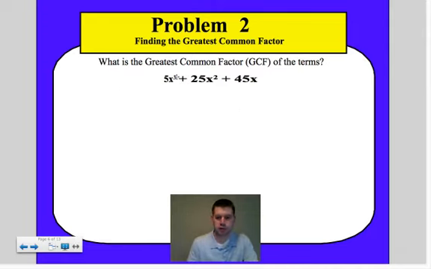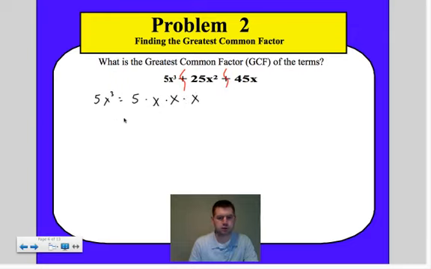What we're going to do is look at each term. Again, we separate those terms by the addition or subtraction. The easiest way to do this would probably be to label these out. So 5x cubed, I'm going to label as 5 times x times x times x, because it was cubed.